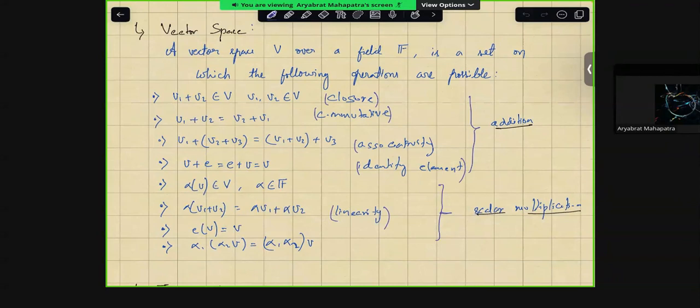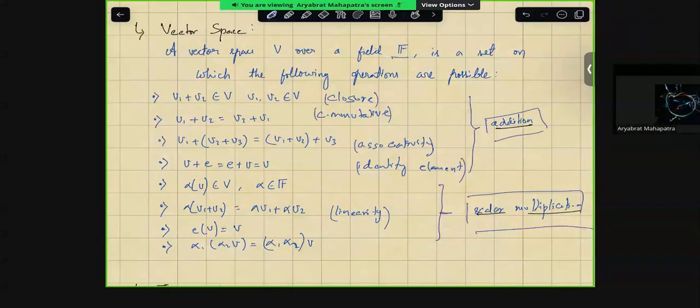On a certain field F, you define certain properties of vectors, which can be broadly categorized into properties under addition and properties under scalar multiplication.